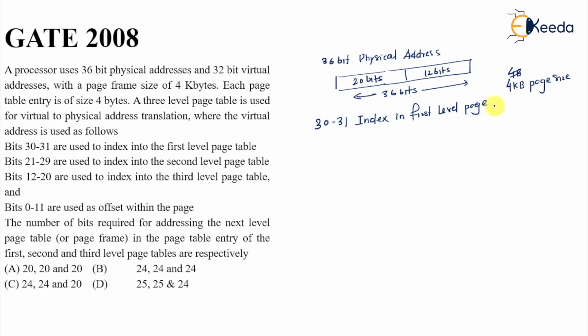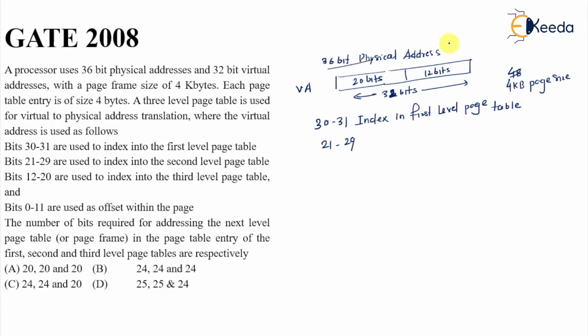Bits 21 to 29... okay, 36-bit physical address and 32-bit virtual address. So I think this is 32 bits, this is for the virtual address.